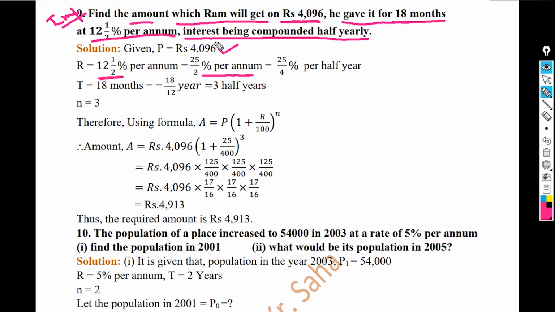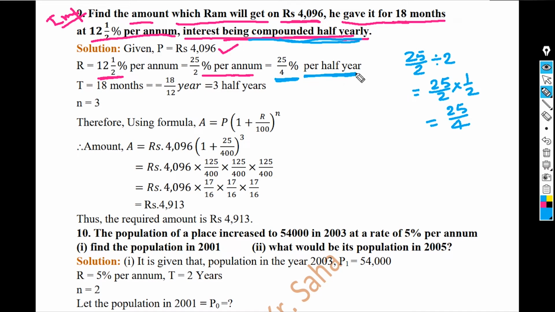Here you have to compound half yearly, so divide this by 2. 25 by 2 divided by 2 can be written as 25 by 2 into 1 by 2, and it is 25 by 4 per half year. It is the rate of interest.